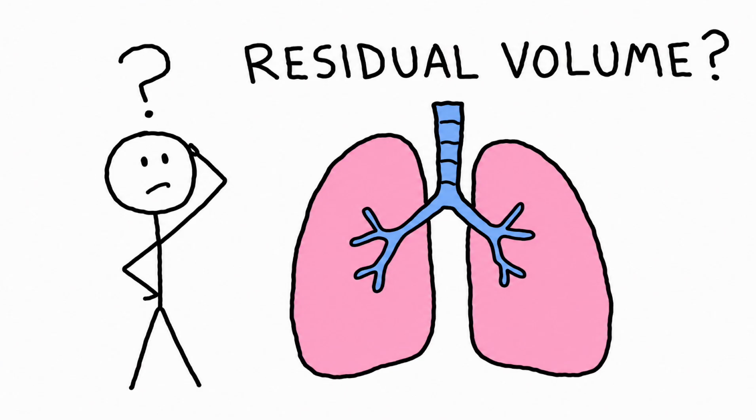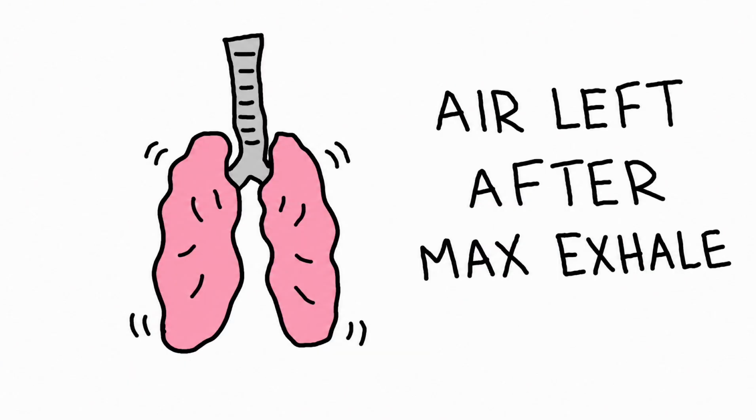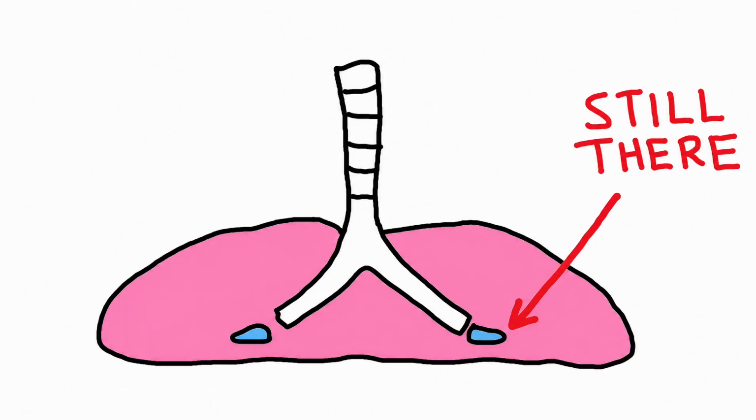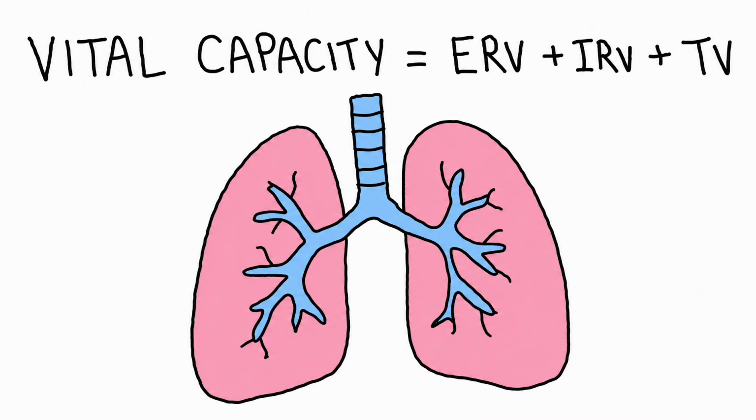You have residual volume down here, and you're like, what's residual volume? Residual volume is the volume of air that remains in the lungs after a maximum expiratory effort. So it's like whenever you try to push out as much as you can, it's just the part that's still there. And the vital capacity is just the sum of the ERV, the IRV, and the tidal volume.